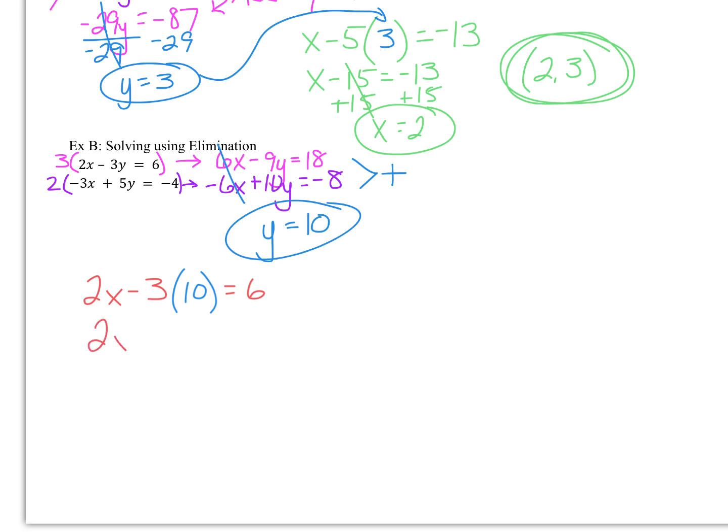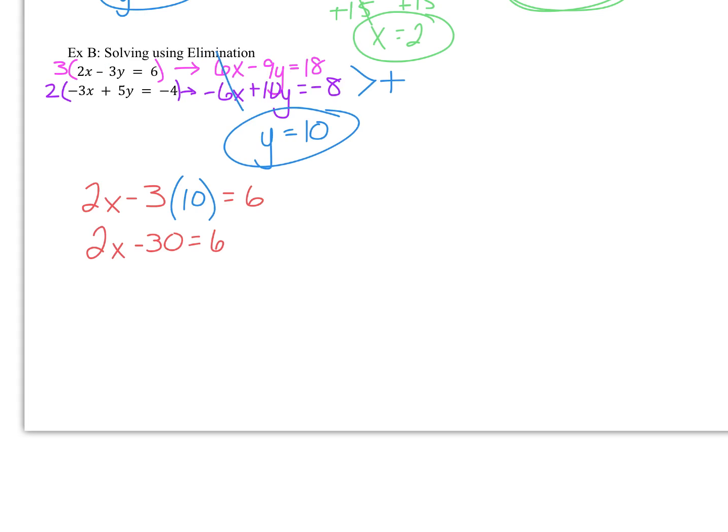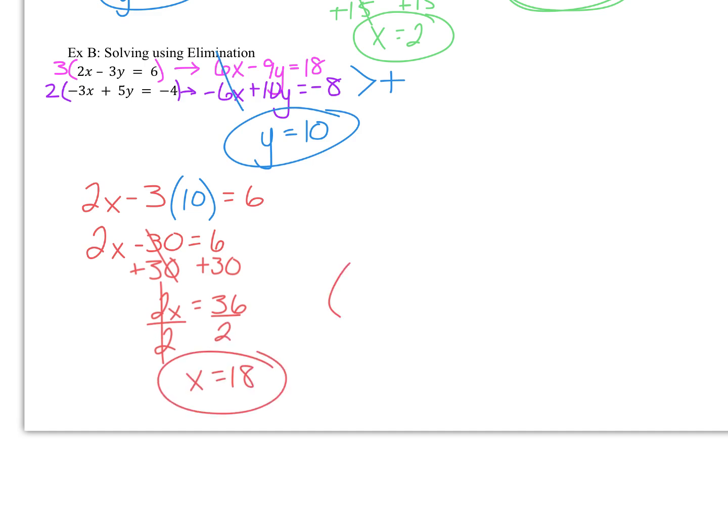So I get 2x minus 30. Bless you. I add my 30 to each side. So I get 2x equals 36. Divide. So x equals 18. So 18, 10 is my answer.